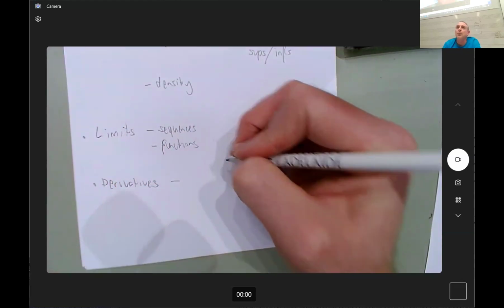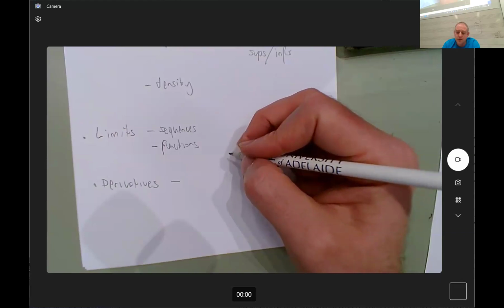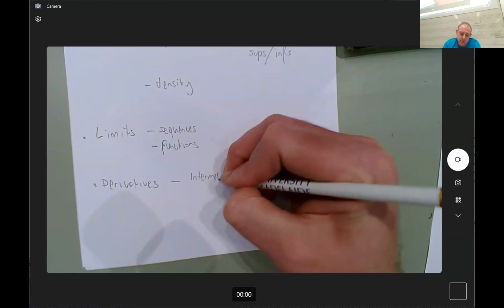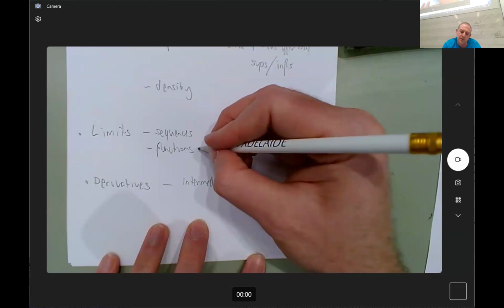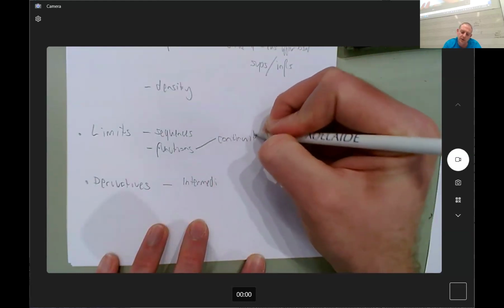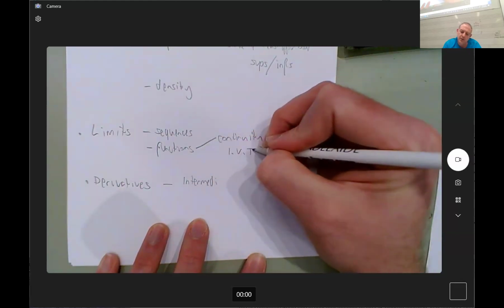And I'm presuming the intermediate value theorem is sort of nearby to derivatives, but not necessarily right there. So when you're having functions and when you're doing limits and functions, there's continuity. And that's where the intermediate value theorem is.